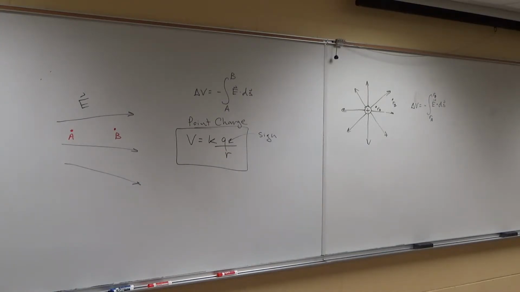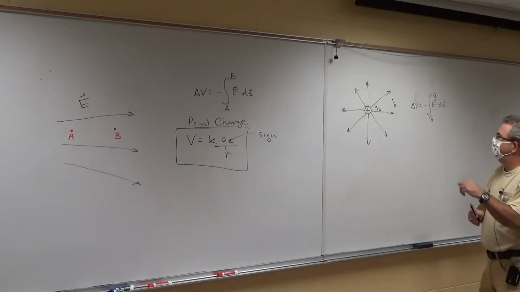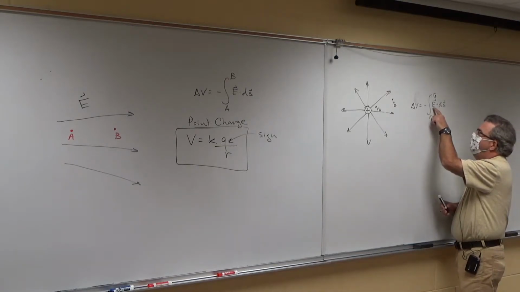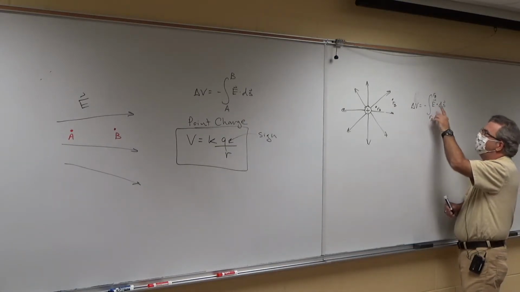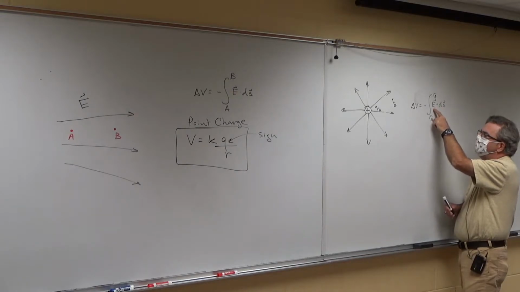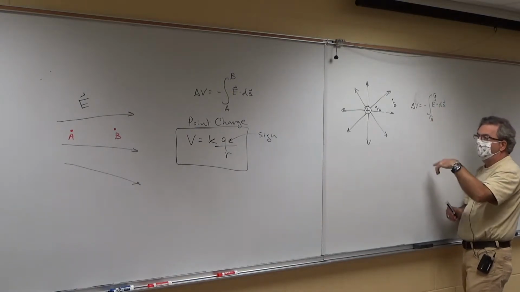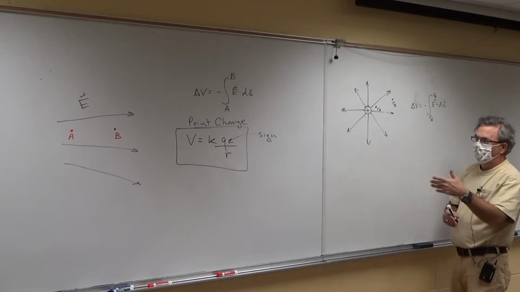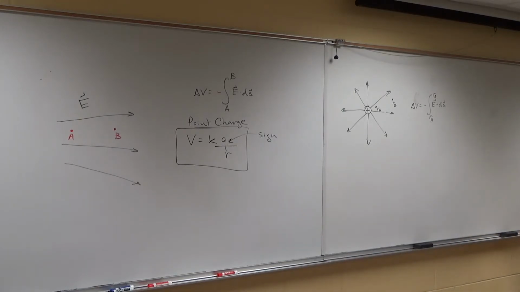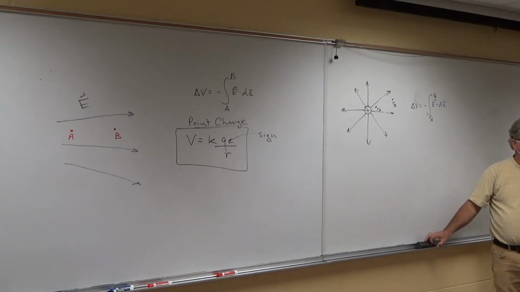So in this case, you can look at the derivation on the video, but that E is changing, and that E becomes kQ over r squared. Does that answer your question? Okay.